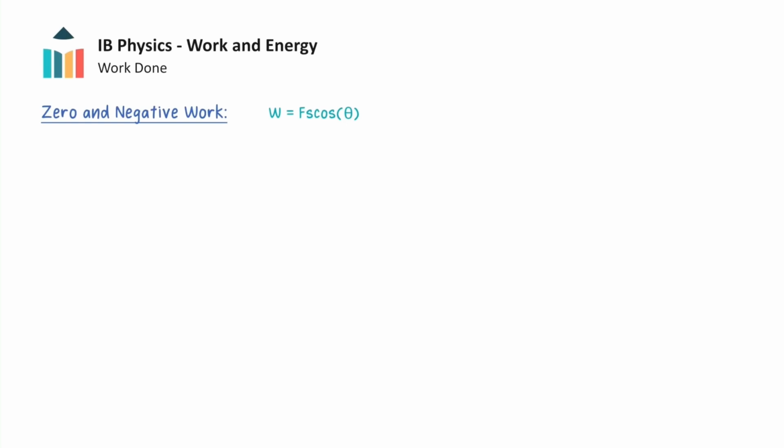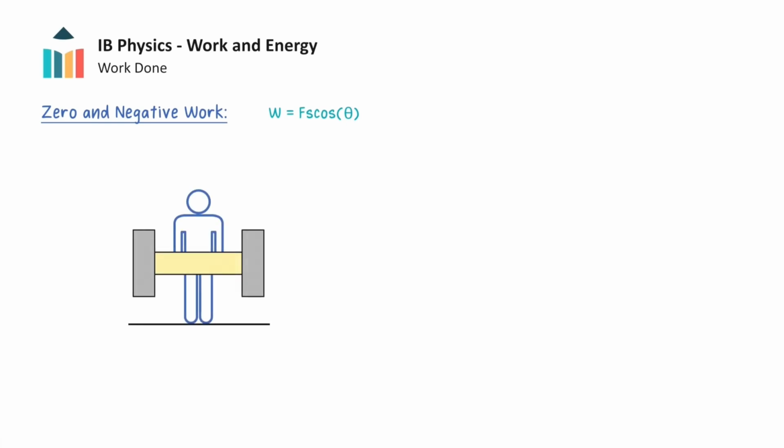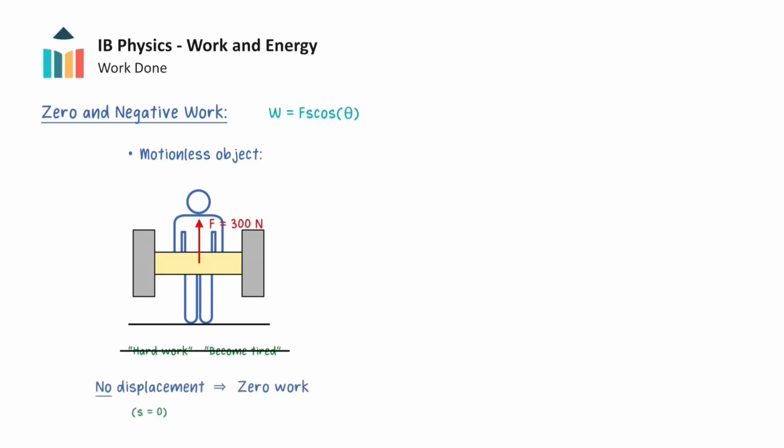It is important to understand that work done can be 0 and also negative. Suppose that a person is holding a heavy object motionless for some amount of time. In our everyday definition, we may think that it is hard work to hold a heavy object for an extended period of time. But in fact, 0 work is done on the object because there is no displacement.